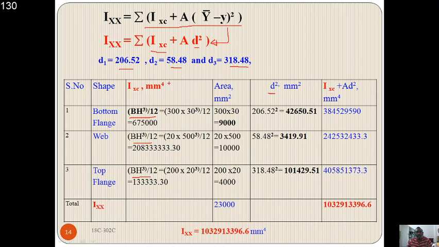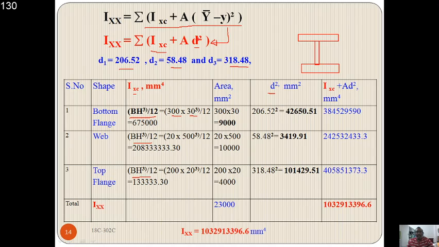This is the same for all the sections because all are rectangles: the top flange, the web, and the bottom flange. So substitute the values of b and h from the figure and you get the IXC values.